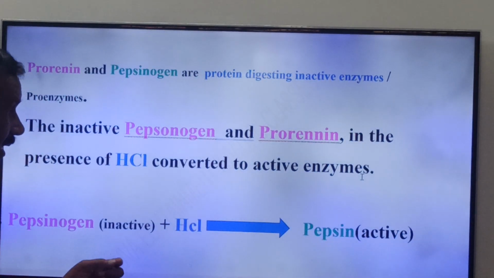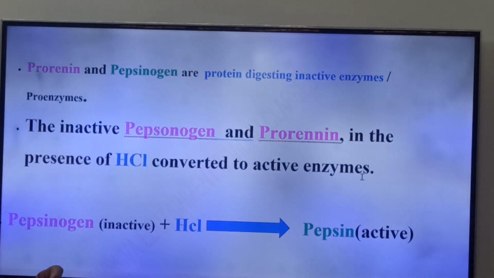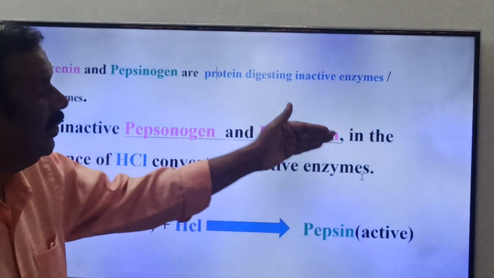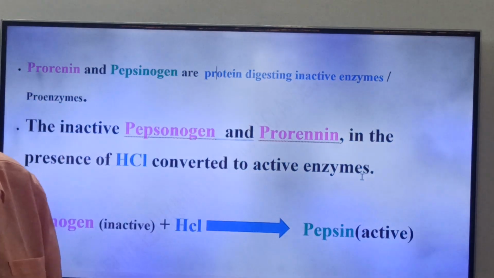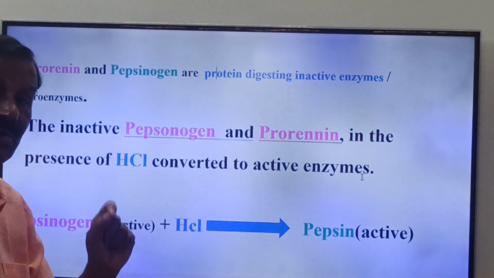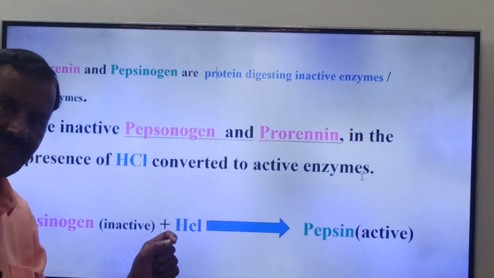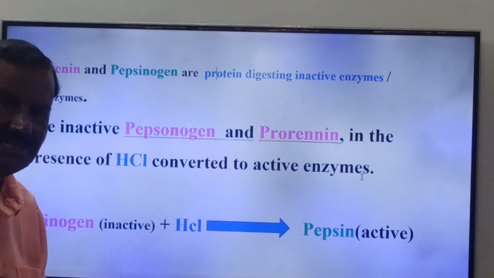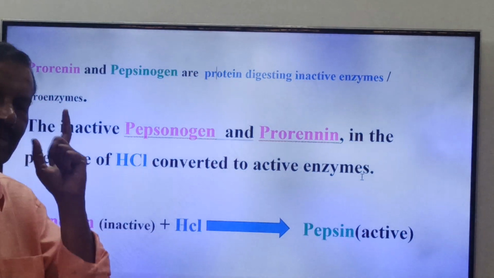But sometimes pepsin also acts as autocatalysis. Pepsin converts the pepsinogen into pepsin. That is called autocatalysis. No need to write that here, but remember: if an inactive enzyme is converted into an active enzyme by the same enzyme, it is called autocatalysis.